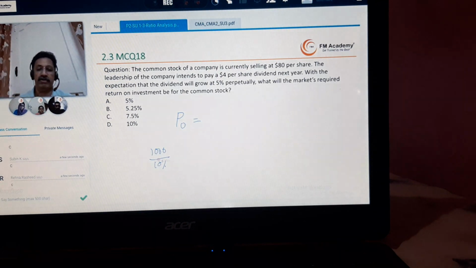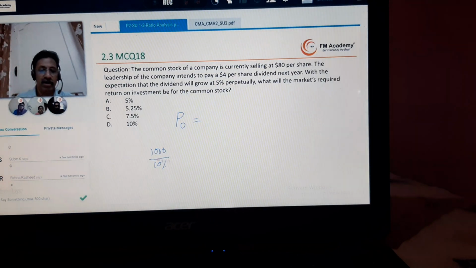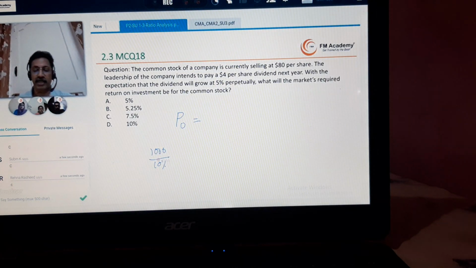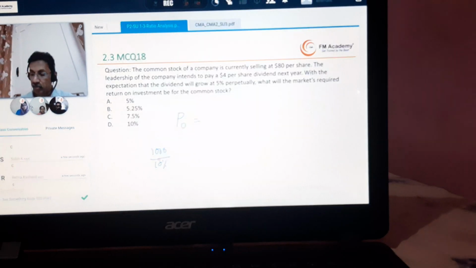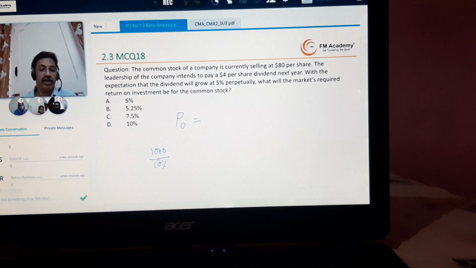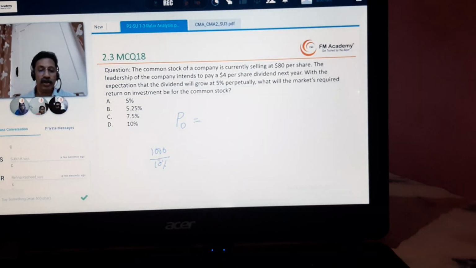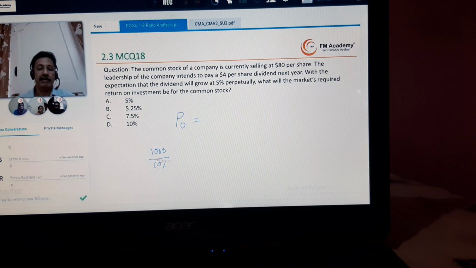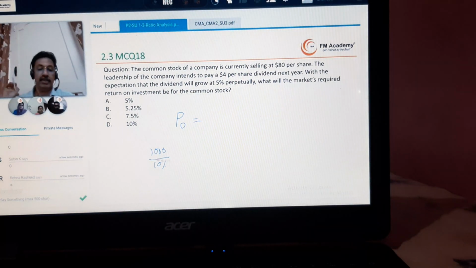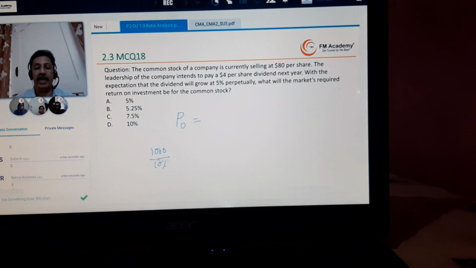What is the value of that share? Obviously, the grandma had deposited 1000 divided by 0.1, that is 10,000, then every year 10% of that is 1000. So 1000 divided by 10% is 10,000. That's the value.